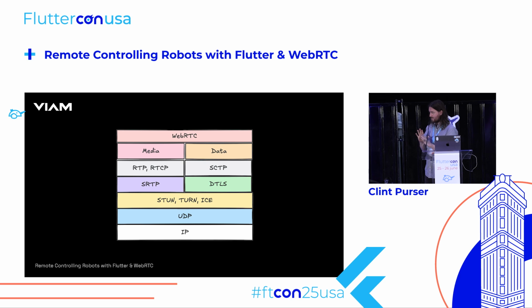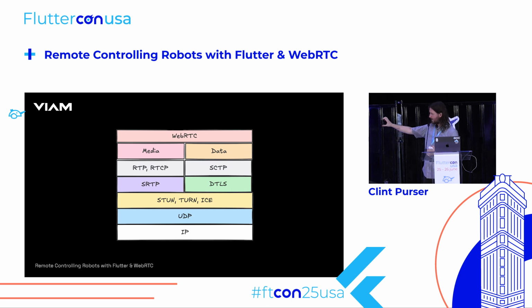So WebRTC didn't really invent anything in and of itself, or very little. More so, it's a collection of many technologies and protocols that together make it a very robust way to establish a peer-to-peer relationship. At the base of it, it all works over IP, Internet Protocol, which makes it great to work on various platforms.